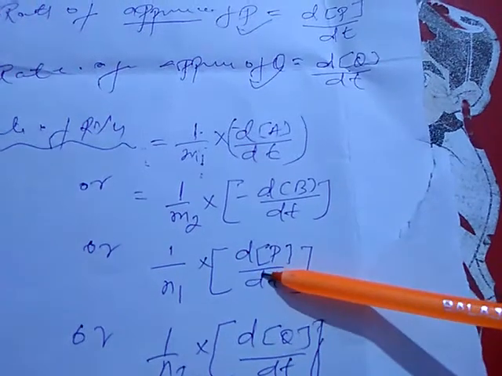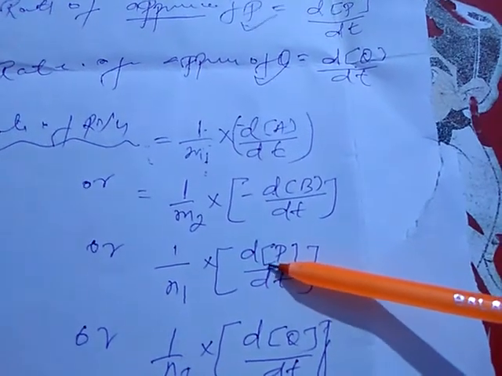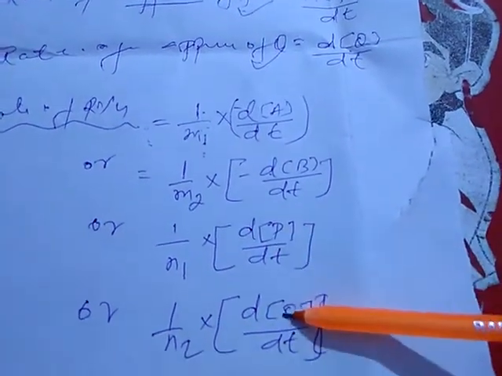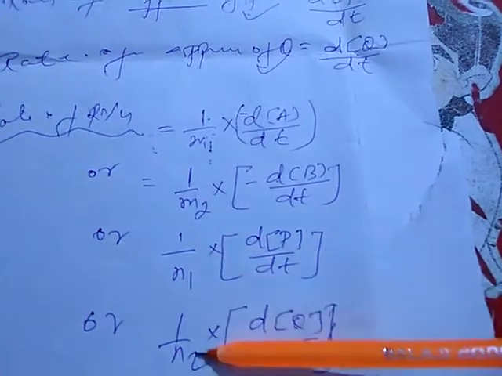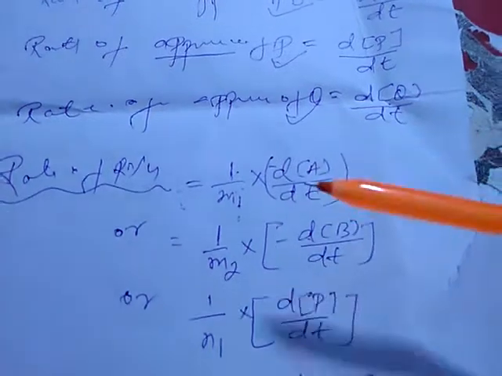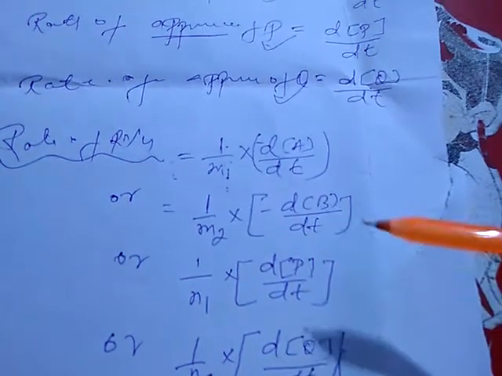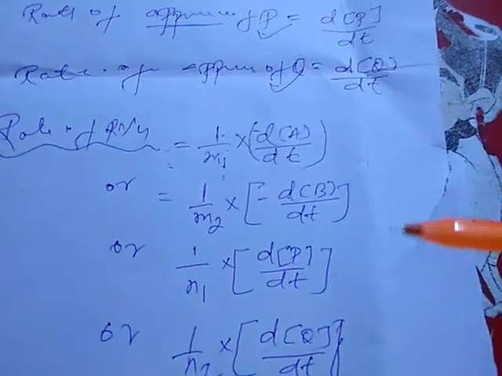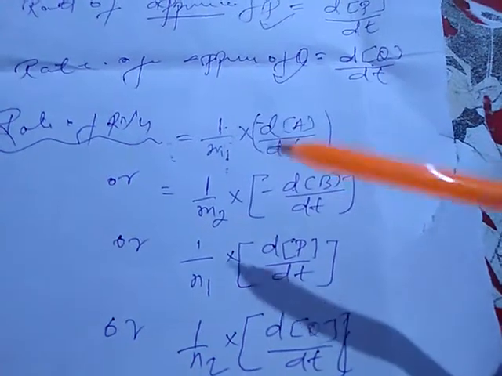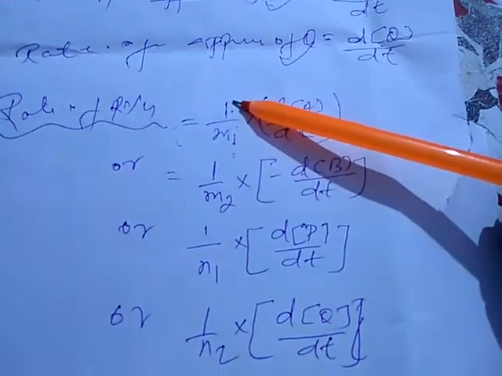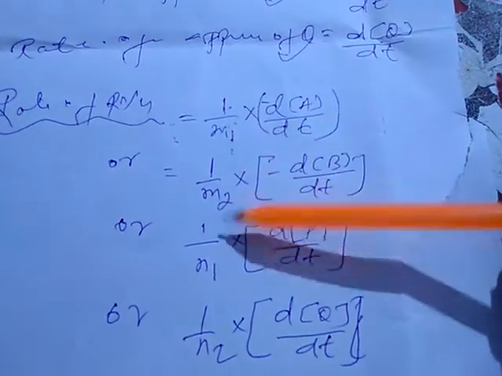In the same manner, we can take the concentration of product also, along with their stoichiometry. So for any given reaction, we can use the stoichiometry for calculating the rate of reaction in this manner. And one thing we have to keep in mind is that stoichiometry is placed in reciprocal form here.